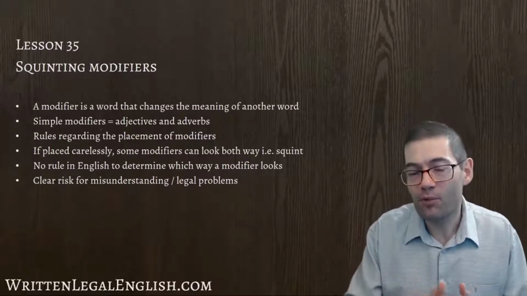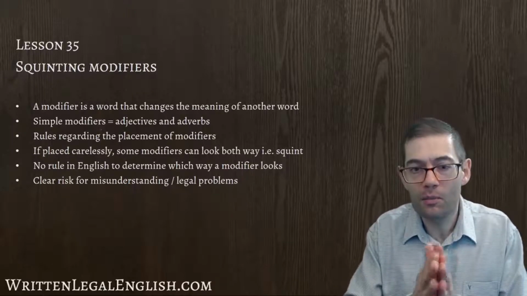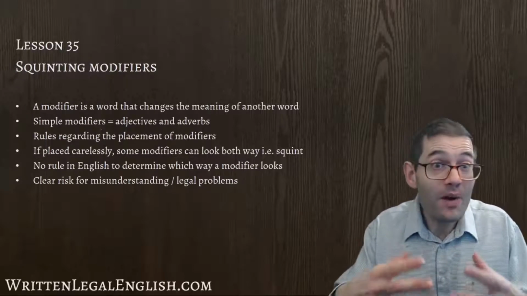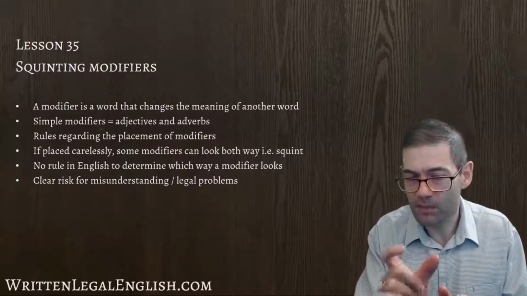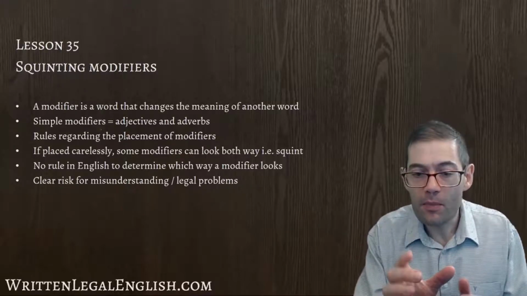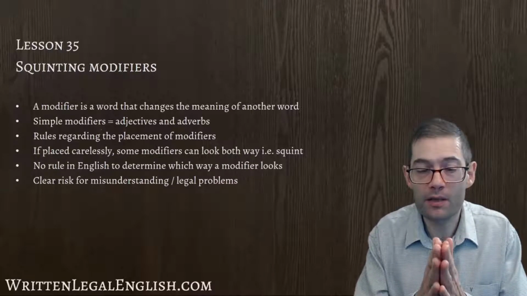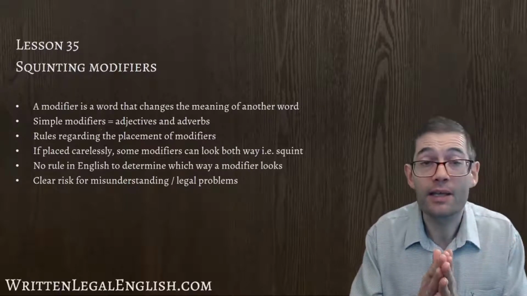But that's where the problem is with squinting modifiers, because if you put a modifier in the grammatically correct place, it might, however, that adverb, because this is mainly a problem with adverbs, that adverb might look in two different directions. That adverb might look at what follows in the sentence and what comes before in that sentence.